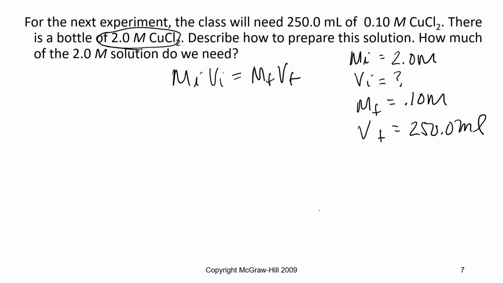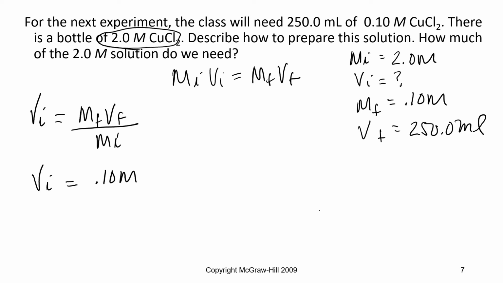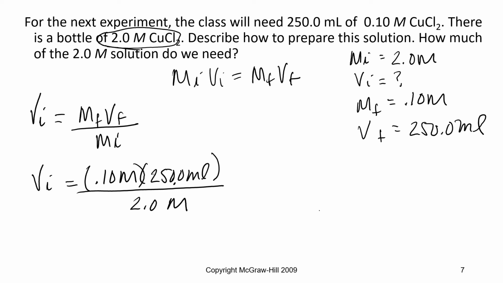So we're just going to rearrange that. V initial equals M final, V final over M initial. I'm going to substitute my variables in there. We have 0.10 molar times 250 mL divided by 2.0 molar.